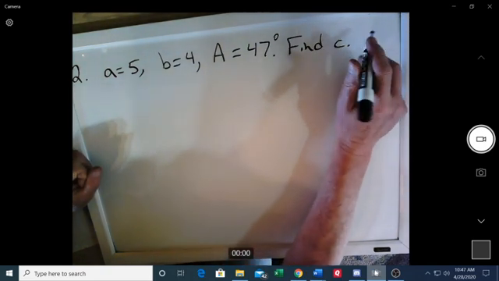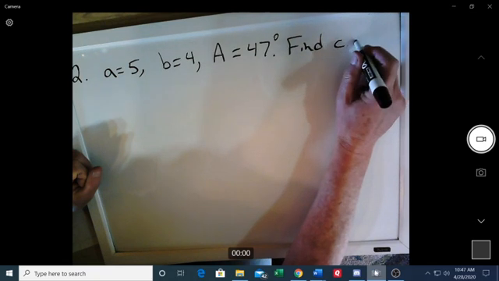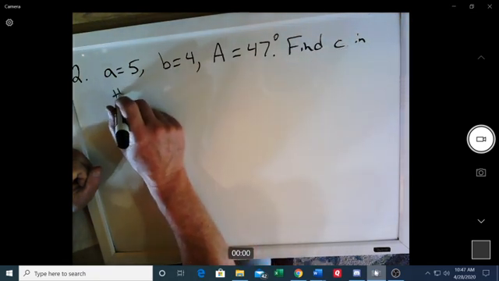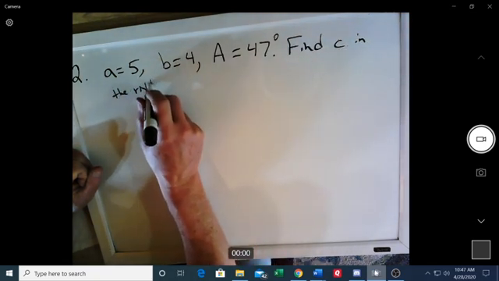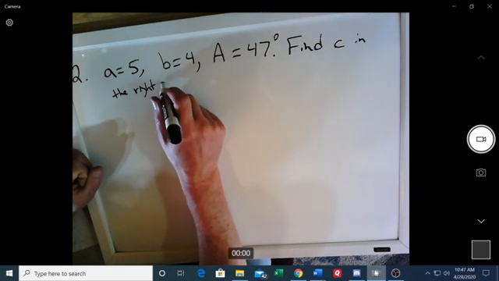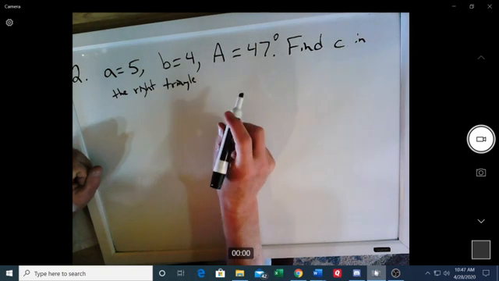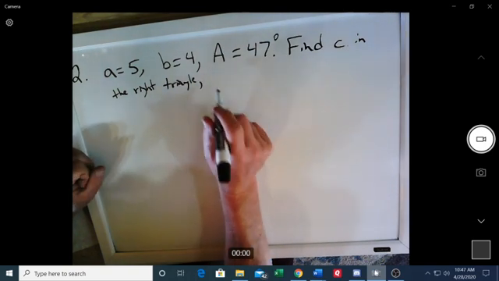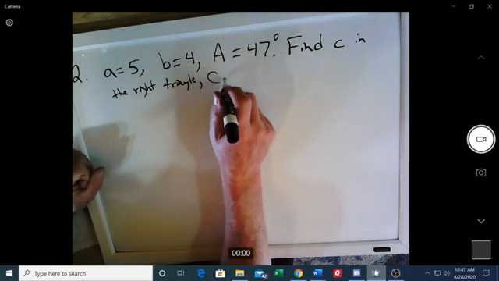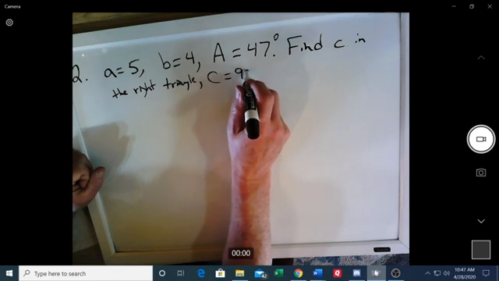Find C in the right triangle where cap C is 90 degrees.